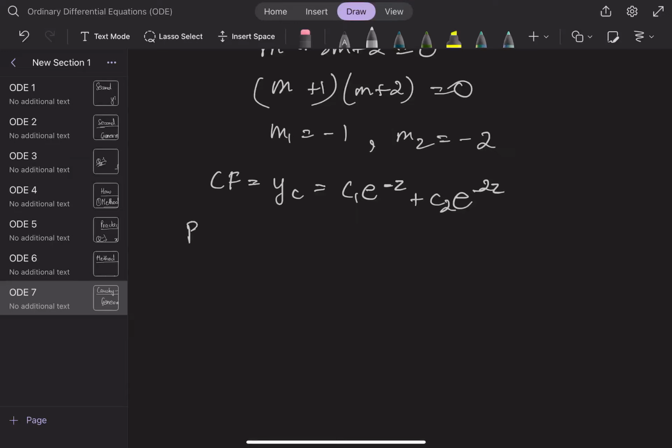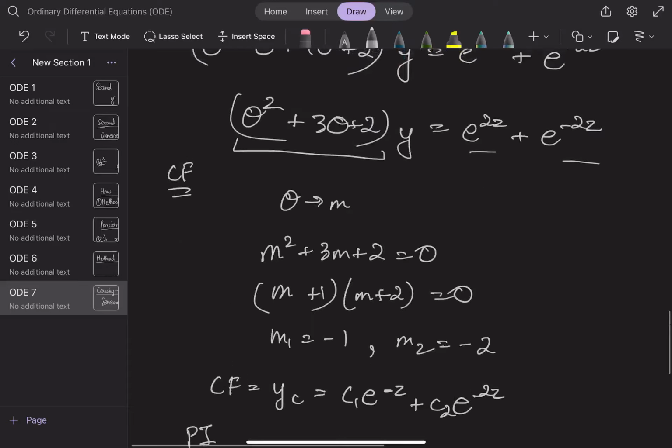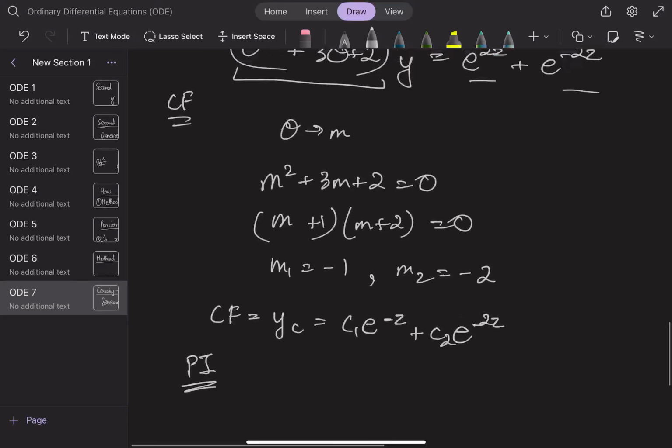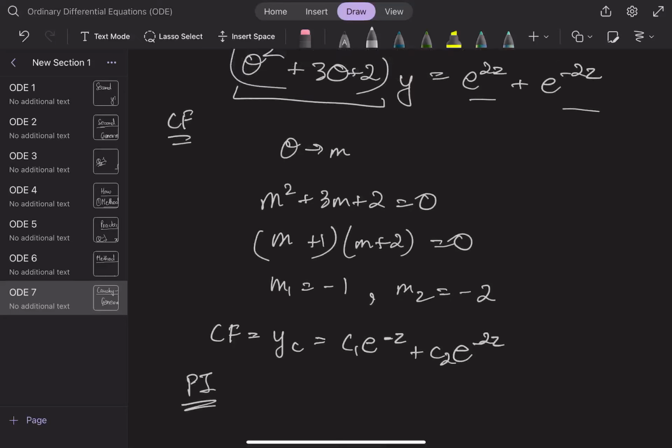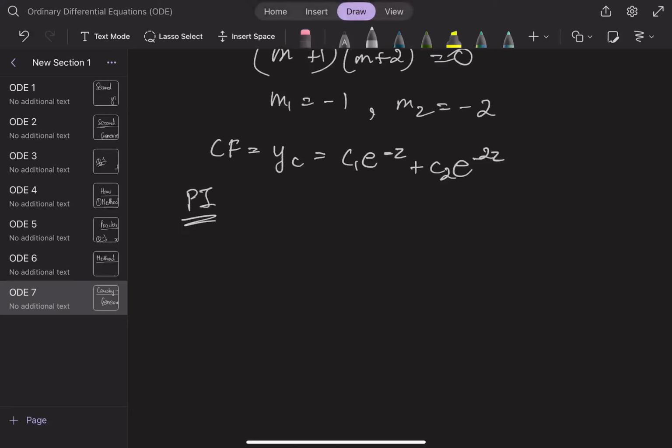So for PI, again, you can use any of the two methods that we've done. So I'm going to go with undetermined coefficients. This is the given RHS, so I will assume PI accordingly. So let's assume your YP as A e raised to 2z plus B e raised to minus 2z.